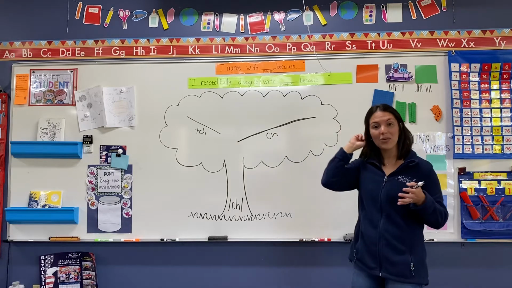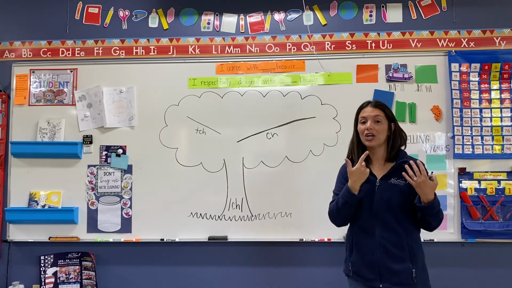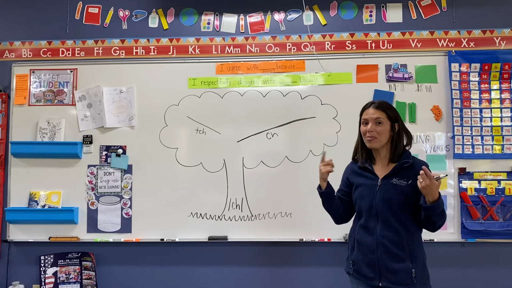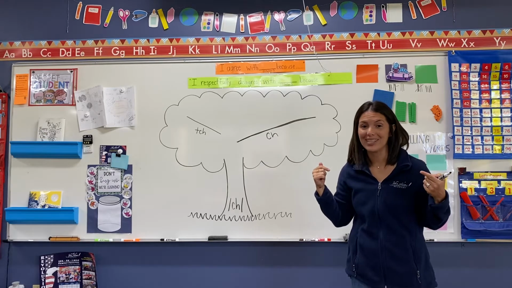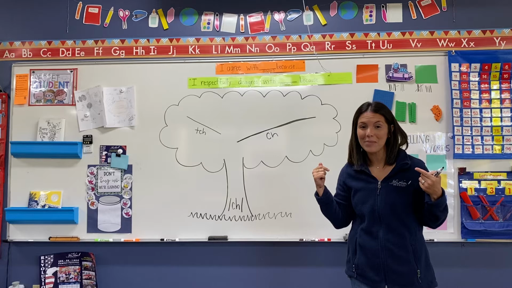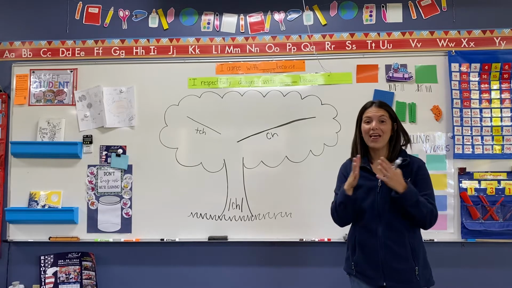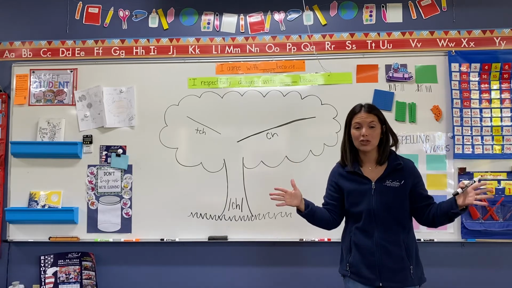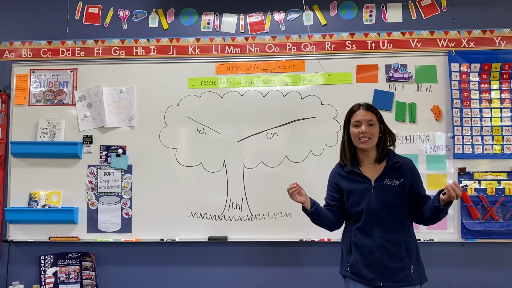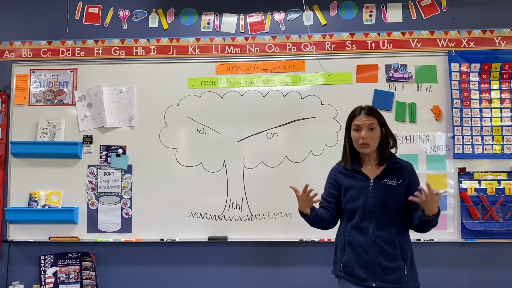If you remember when we've been learning about the k sound, what do you remember about the sizes of the branches? That's right. The longer the branch, the more common it is, or the more we use it.